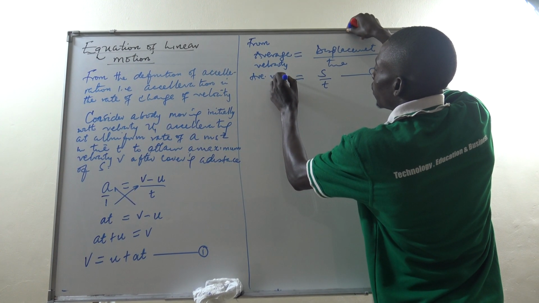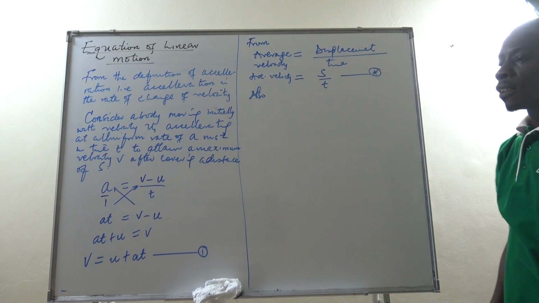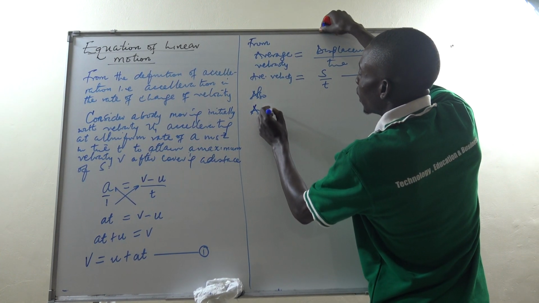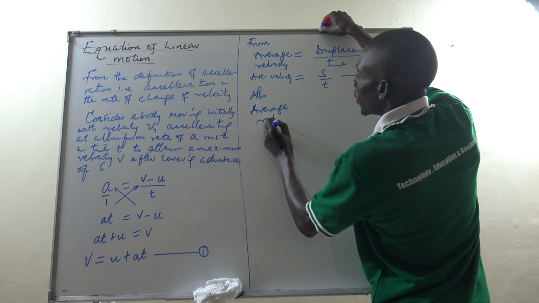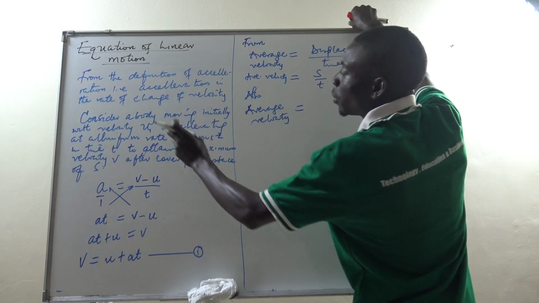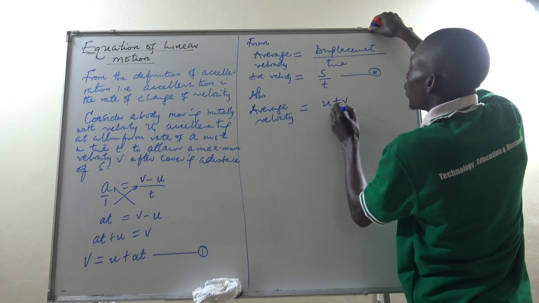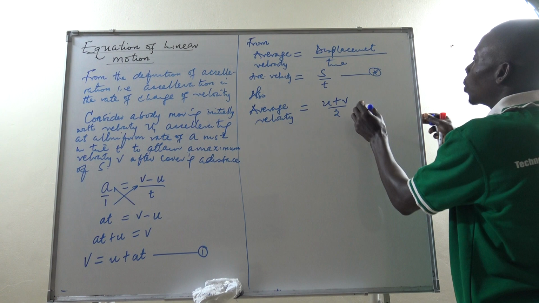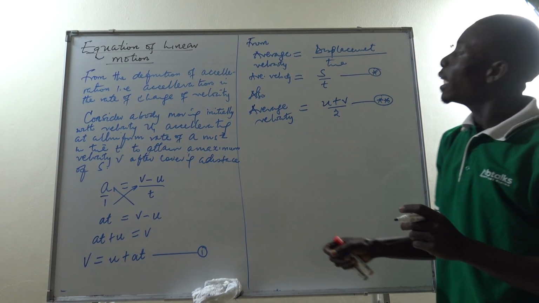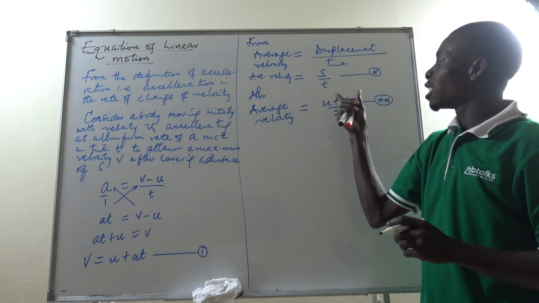It is also known that average velocity can be given by the average of the initial and final velocity, which is u plus v over 2. This is equation star 2.